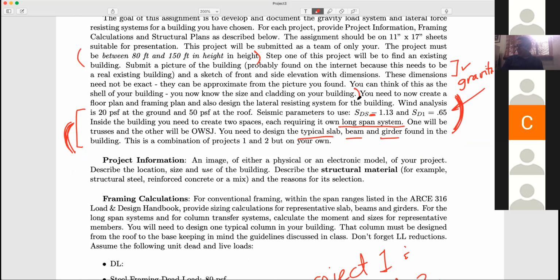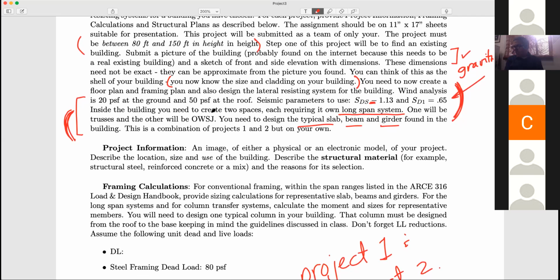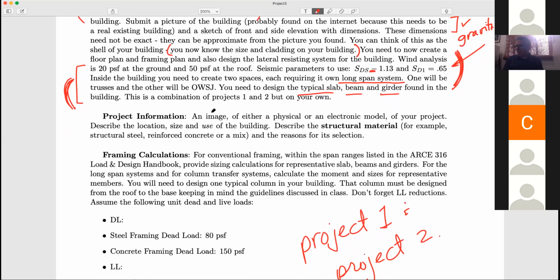And so from the picture, you're going to have an idea of the size and what the cladding is. Now, we're not going to get into cladding on this project. And so that's what you're going to pick off of this. Of those long spans, you're going to have to do one as a truss.